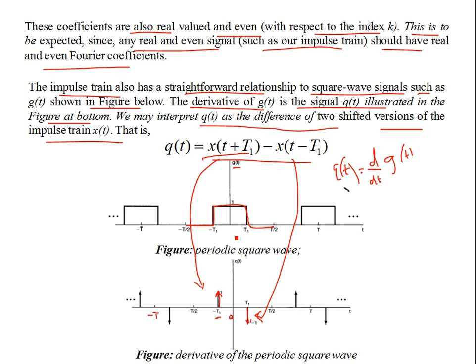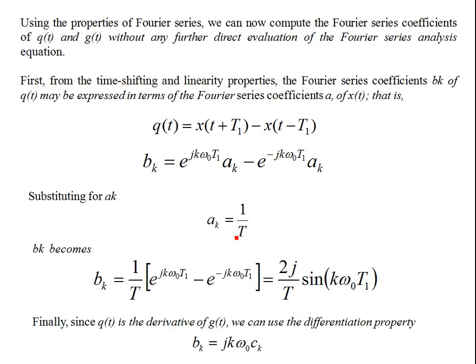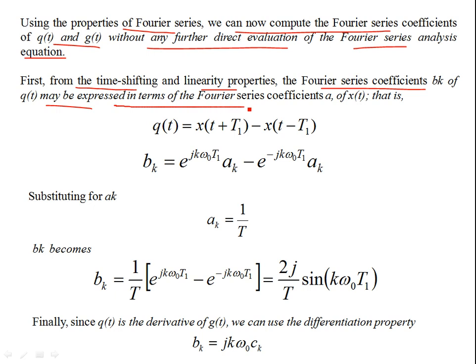Using the properties of Fourier series, we can now compute the Fourier series coefficients of q(t) and g(t) without any further direct evaluation of the Fourier series analysis equation. First, from the time shifting and linearity properties, the Fourier series coefficients b_k of q(t) may be expressed in terms of the Fourier series coefficients a_k of x(t).